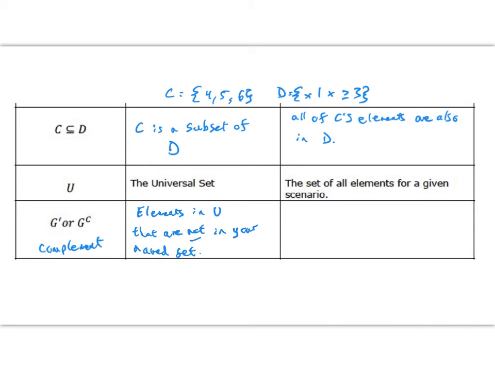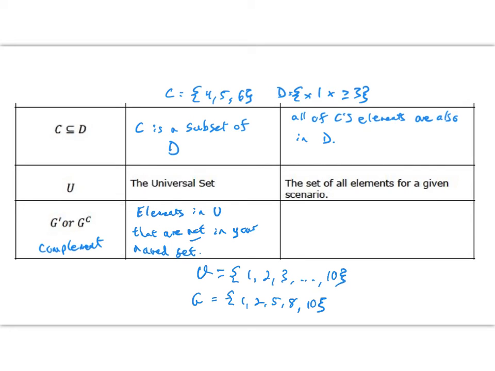Okay, so let's take a quick little example here. Let's say that our universal set has the numbers 1, 2, 3, all the way up to 10. And let's further say that we have set G, which is 1, 2, 5, 8, and 10.